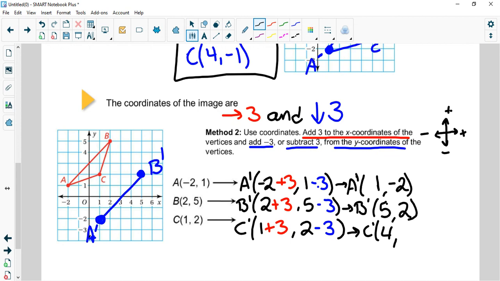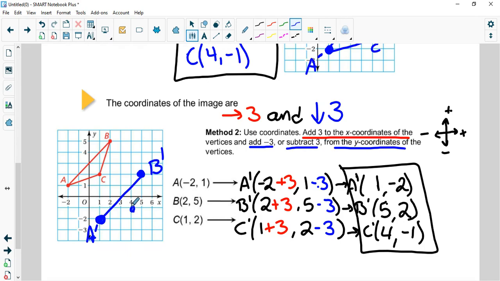And 2 minus 3 is -1. The exact same result as we got in the previous problem. And now I can go ahead and graph it. Here is C prime, and here are our identical triangles.